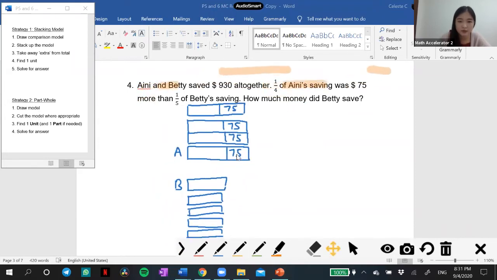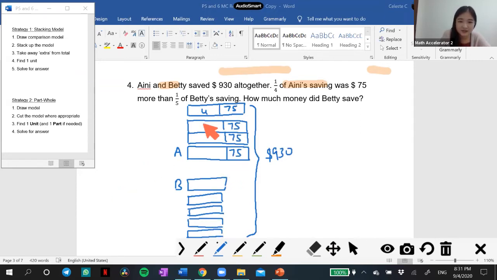Okay, your model probably looks better than mine. Yeah, okay, so total, now that you've stacked it up, everything is $930. Doesn't look worse than mine, does it?